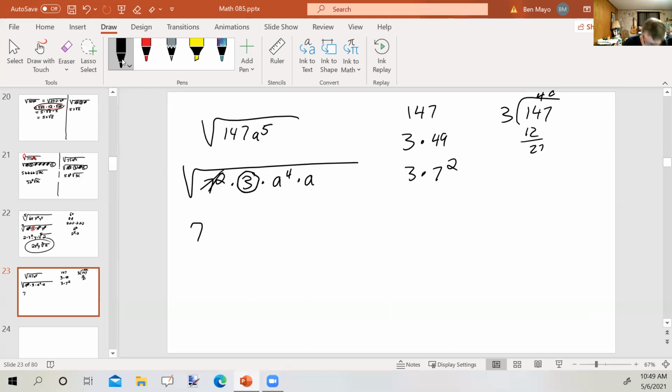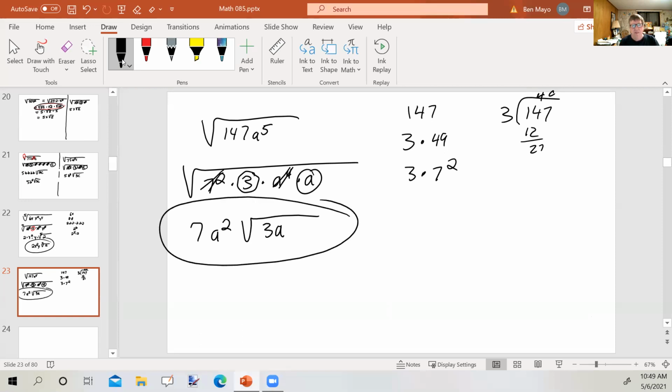The 3 is still inside. The square root of a to the 4th is a squared outside, and the a is still inside. So now I have the square root of 3a. So 7a squared times the square root of 3a. So we've got the takeout and the leftovers, so to speak.